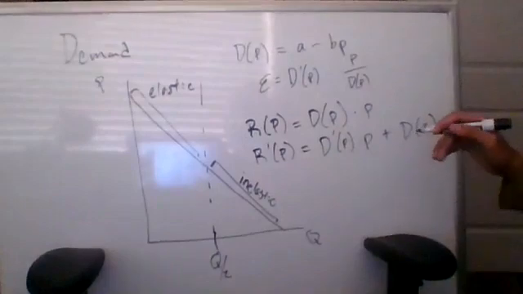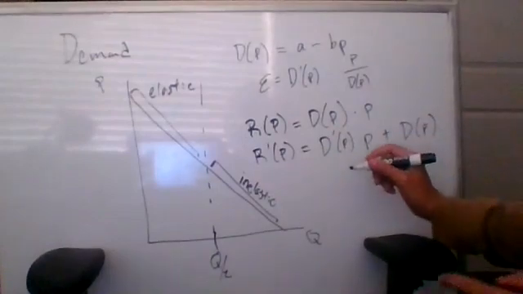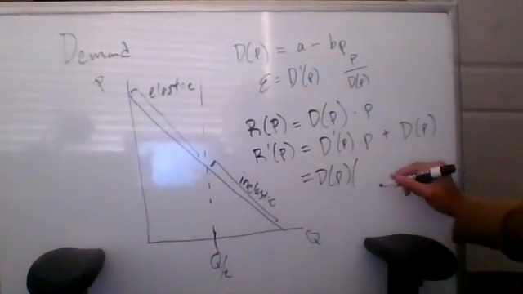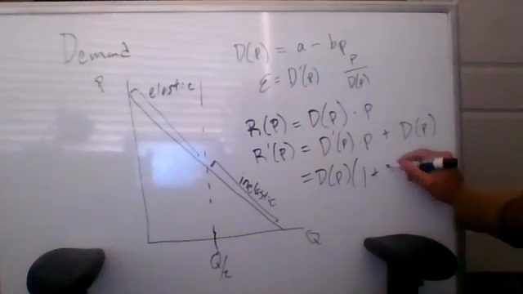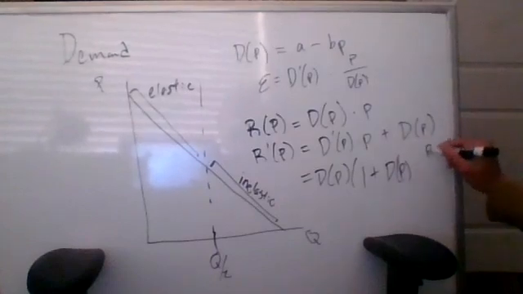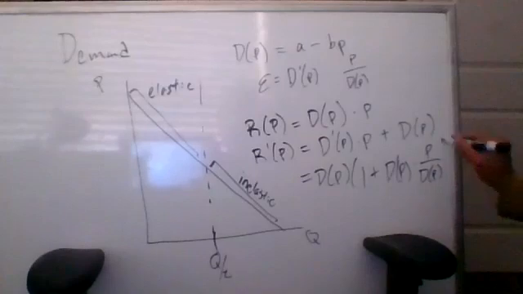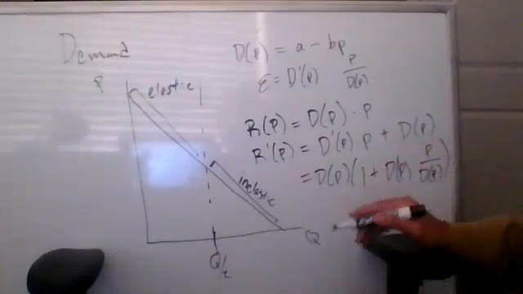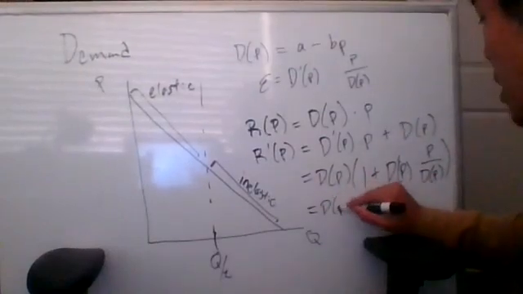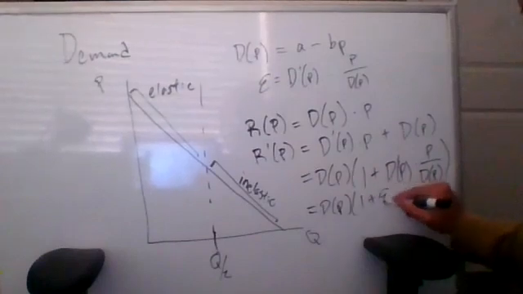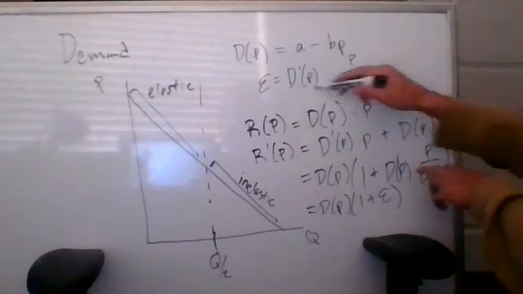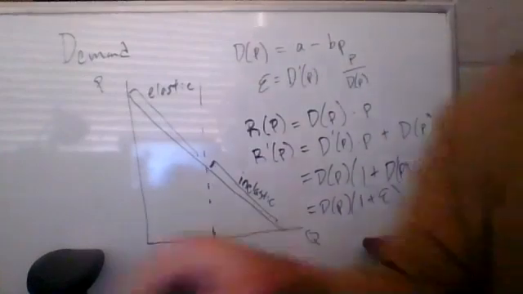And if you were to simplify it out, this is equal to d of P times 1 plus d prime of P times P over d of P, okay? This is just some equation that should be given to you guys in lecture. But the idea is that this is equal to d of P times 1 plus elasticity, because this whole term right here is equal to the elasticity equation that we were given beforehand, okay?